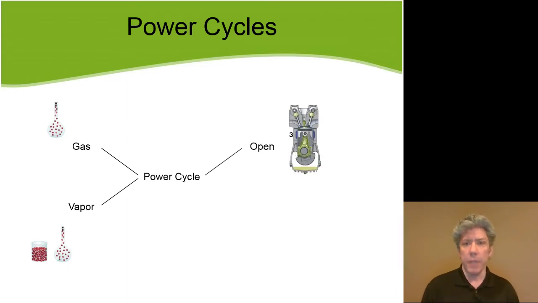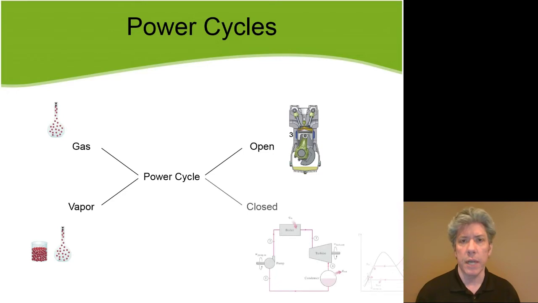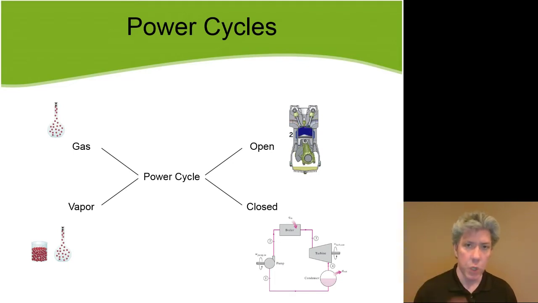Now, another way of looking at power cycles is as either open or closed cycles. And the differentiation there is that an open cycle is a cycle where the working fluid is brought into the engine, it's used to do work, and then rejected out or pushed out into the atmosphere. Whereas in a closed cycle, the working fluid remains inside of the machine and is reused over and over again.